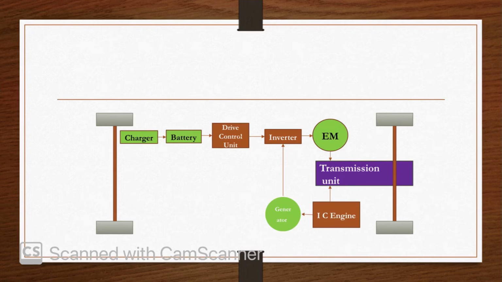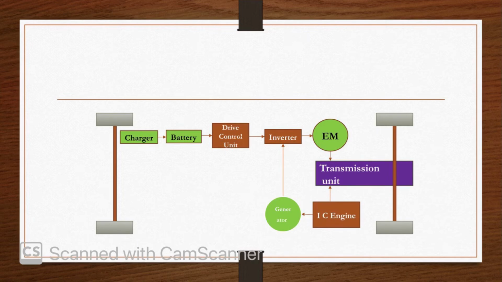In this there are two series connections and two parallel connections. First we will check the series connections. The series connections are from the battery to the electric motor. Then this electric motor gives the power to the transmission unit and to the wheels.